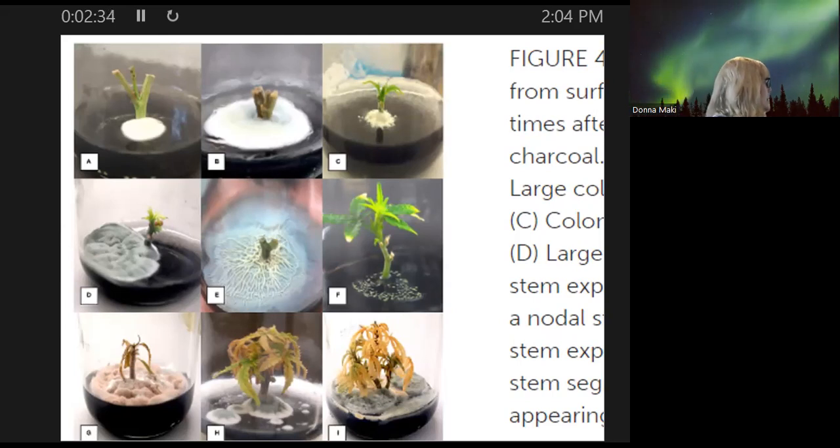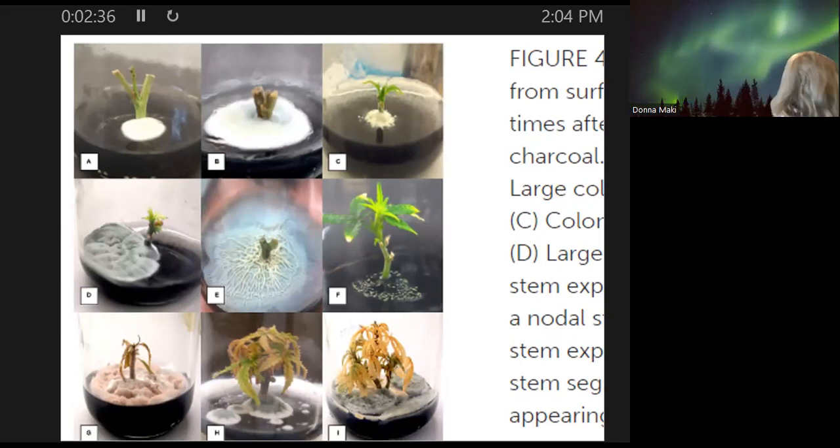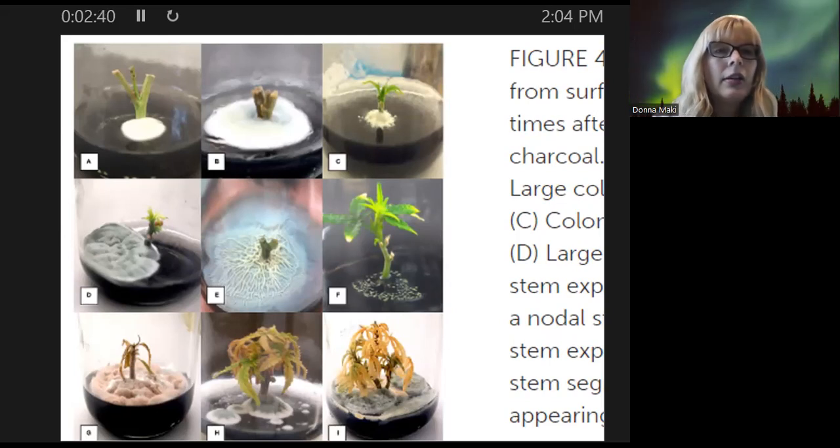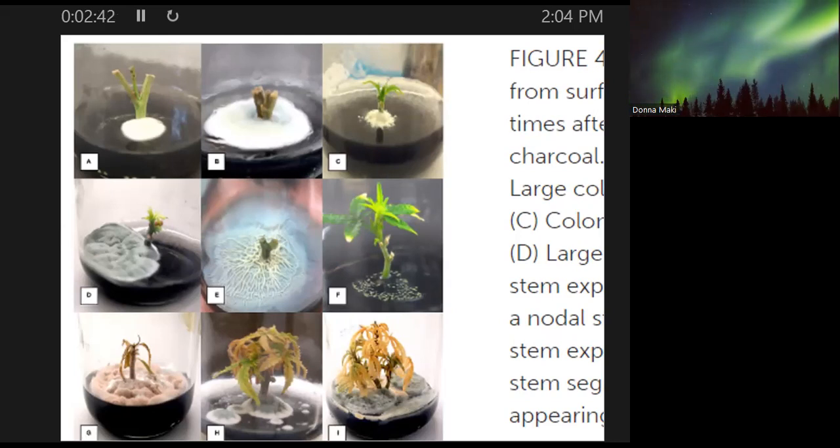You can see, at least initially, some of these plants, like in figure F here, where the plant looks still not too sad. It's still green over here. It's definitely looking happy. But if you look at the last row here, you clearly see that the contaminant overwhelmed the system and started to essentially attack the plant and use the plant for nutrition.